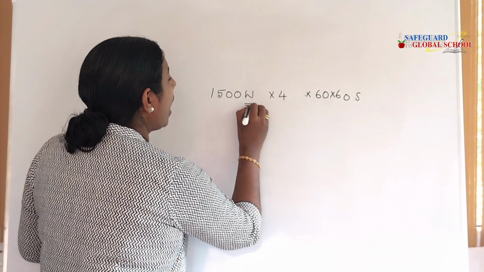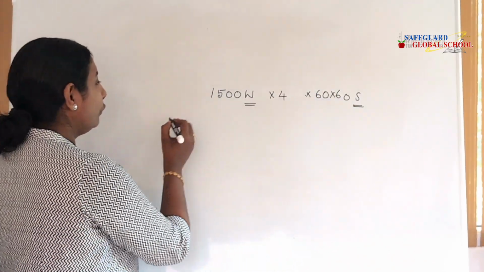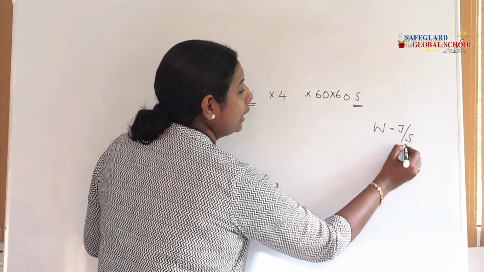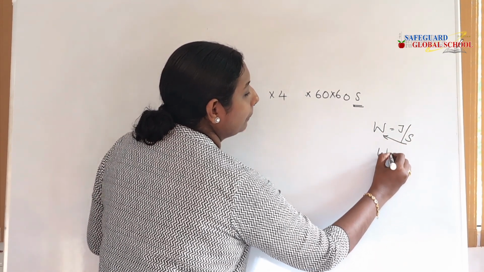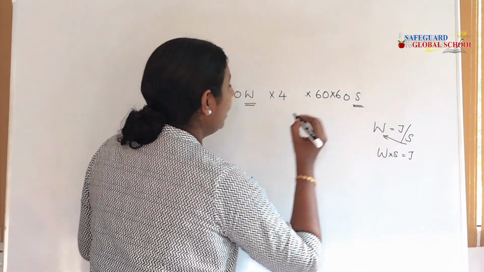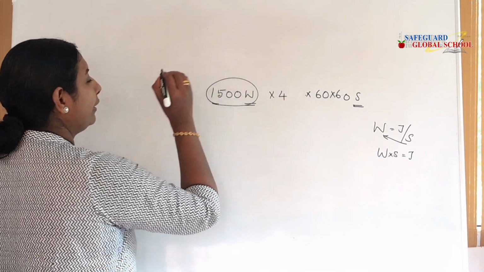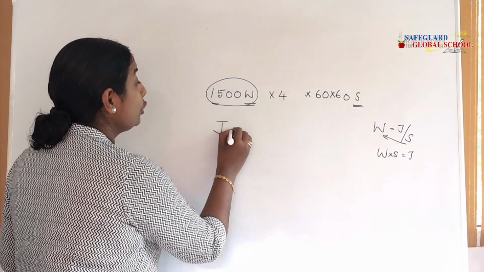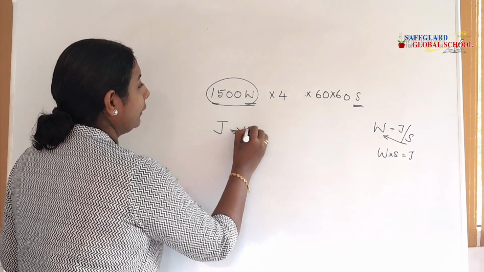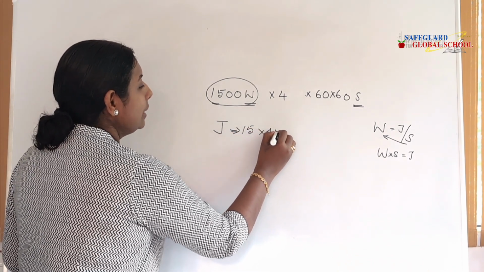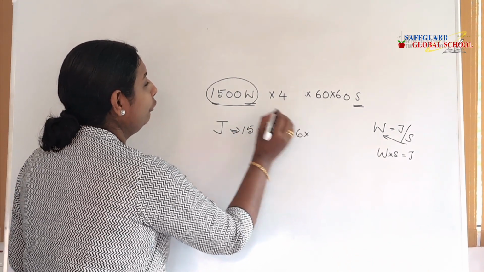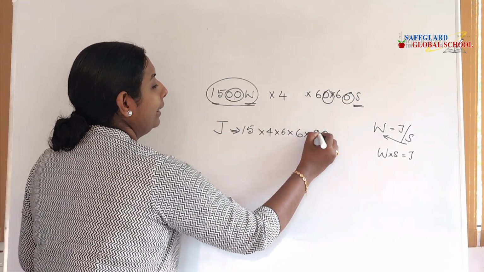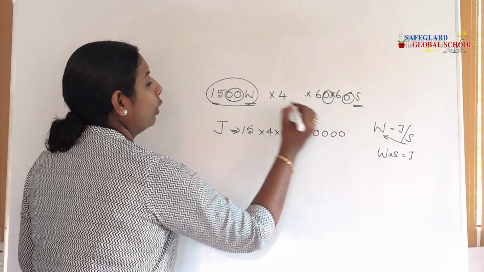So this is watt into second. We know that watt is equal to joule per second. So when we multiply this watt by second, we will get joule. So we have a 1500 watt machine working for 4 hours. So what is the energy in joule? It will be 15 into 4 into 6 into 6 followed by zeros, a number with 4 zeros.